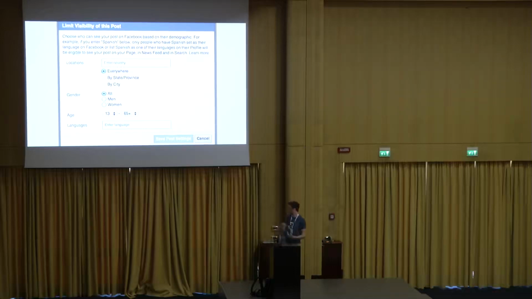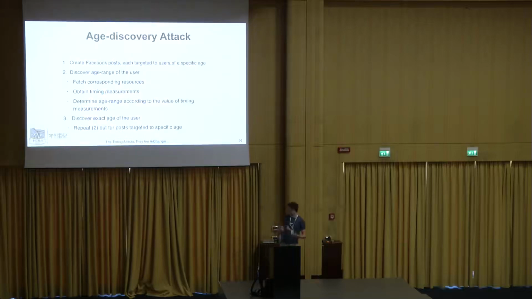For instance, I can make my posts only visible to users who are in the age of 20 to 30. And when you're trying to access this post while not being part of this target audience, you will get back a small error message saying that you cannot access the content. So in this attack, we will try to discover the age of the victim.